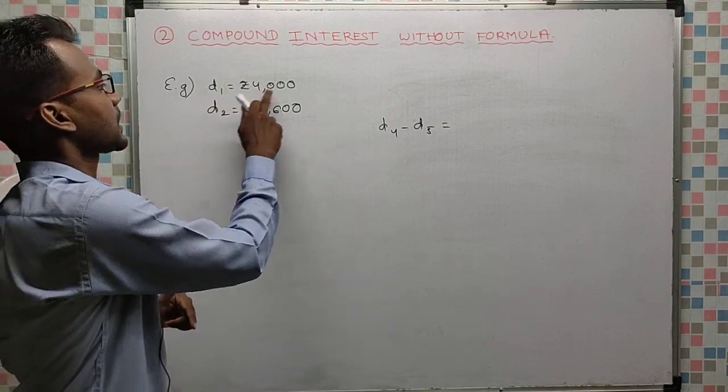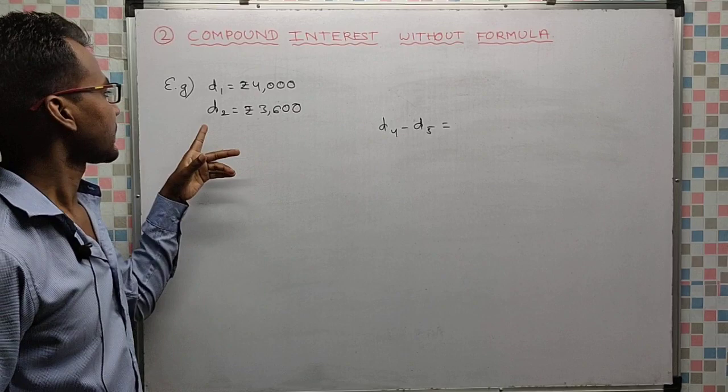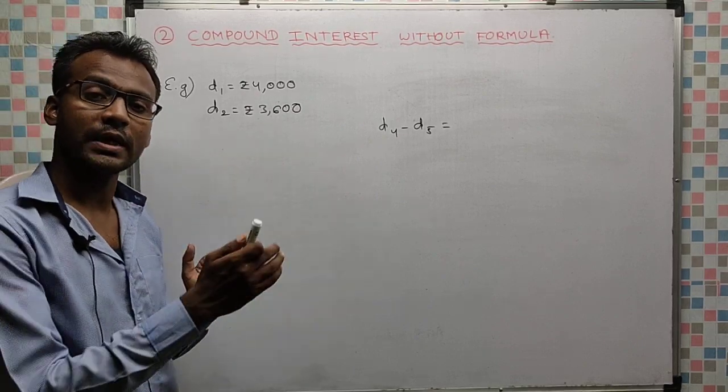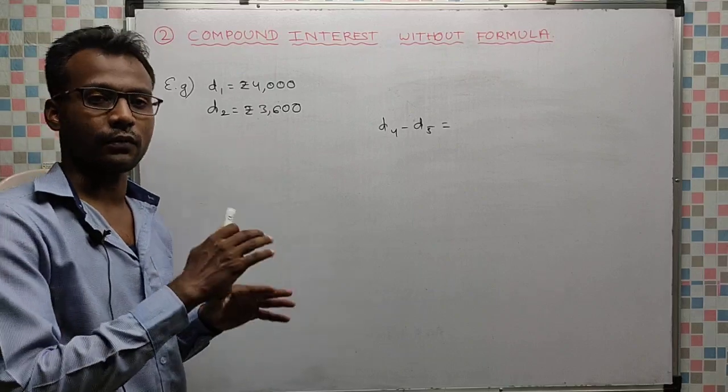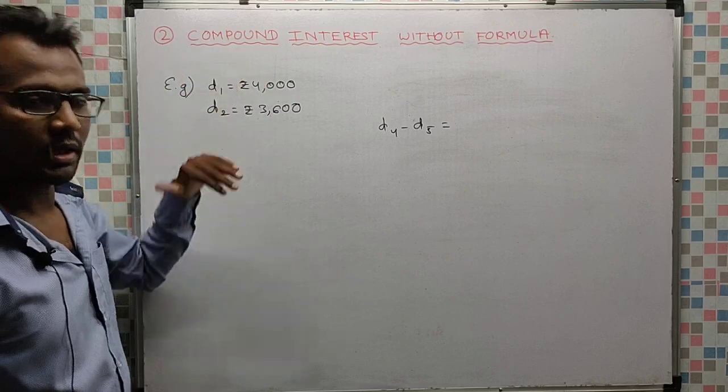Remember this. D1 is 4,000, D2 is 3,600, less than D1. D3 I don't know, it will definitely be less than 3,600. Then D4 will be less than D3, D5 will be less than D4. In this way it will go on decreasing. So not D2 minus D1, but D1 minus D2.